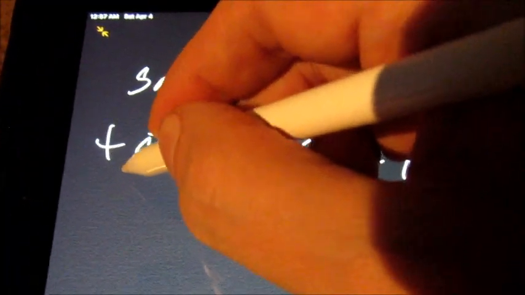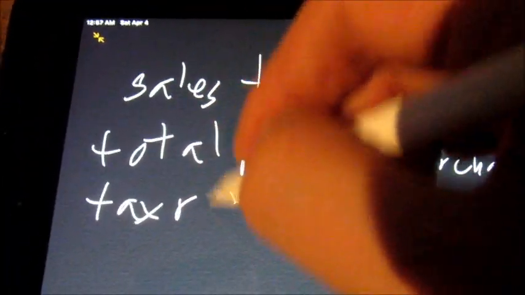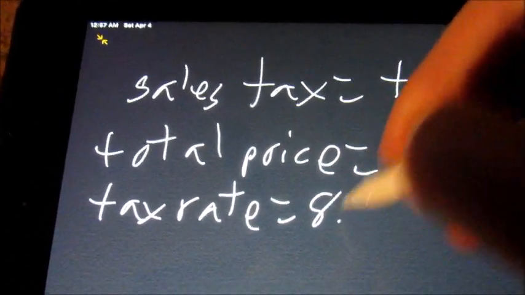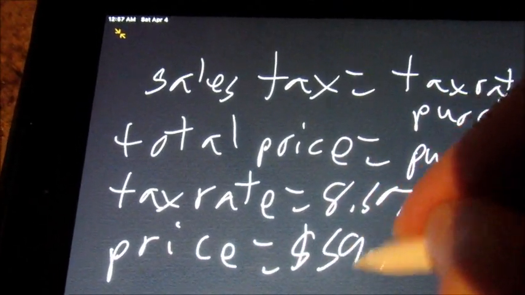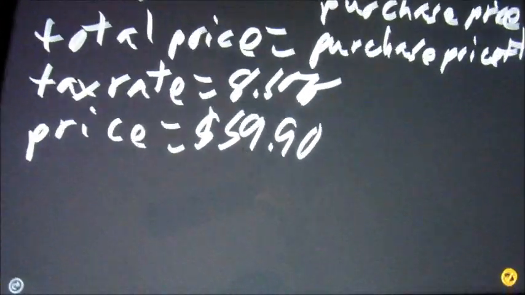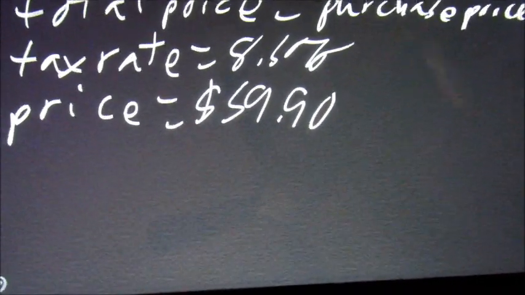So if we have a tax rate of 8.5%, and the price starts out at 59.90, what we need to do first is find the amount of tax.